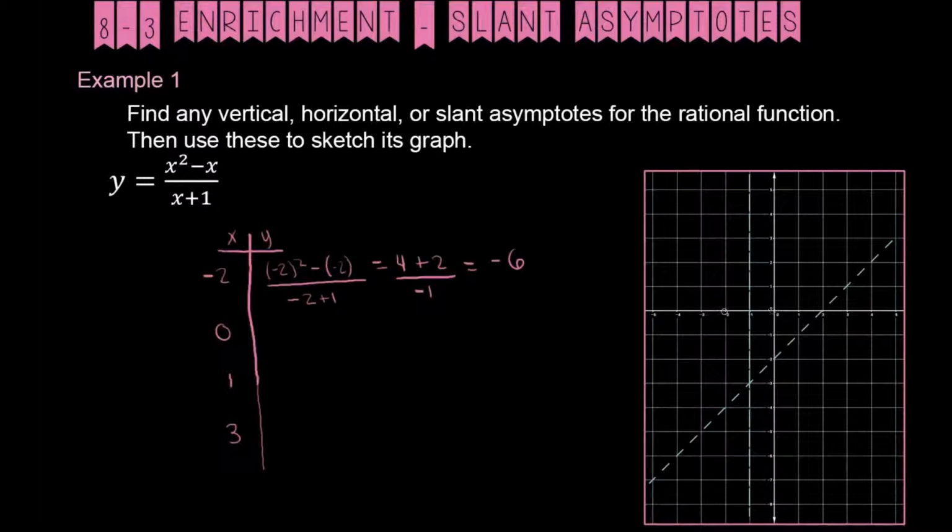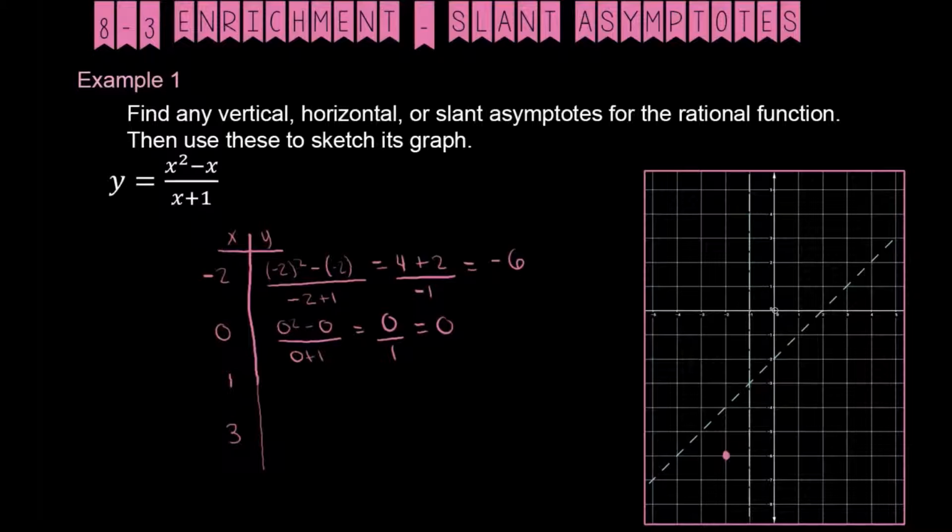So -2, -6. So there's that point. And then for 0, I get 0 squared minus 0 over 0 plus 1. So I really just get 0 over 1, which equals 0.